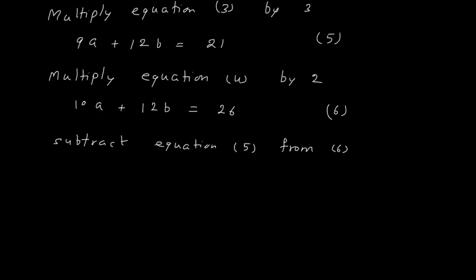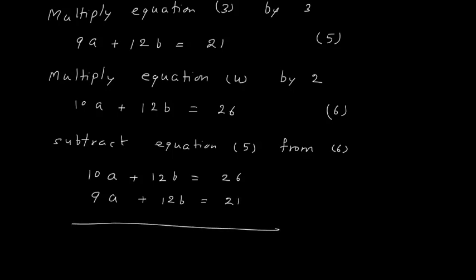So first I will write equation 6, which is 10a plus 12b is equals to 26. Then I will write equation 5, which is 9a plus 12b is equals to 21. I will subtract. So this will become a and this will become 5. So a is equals to 5.